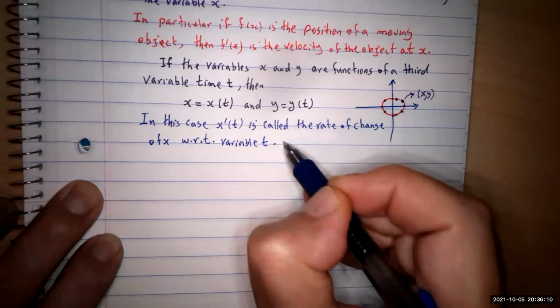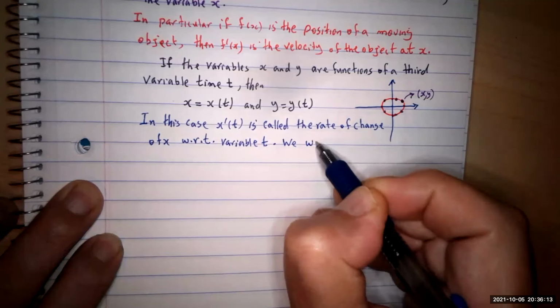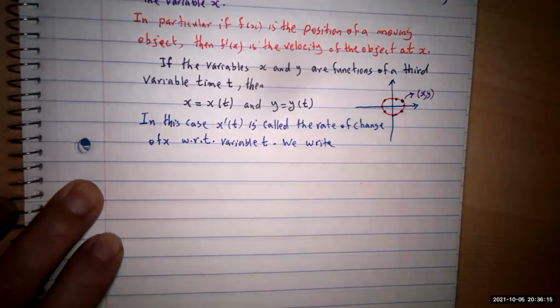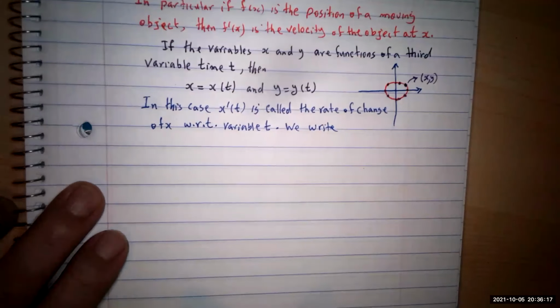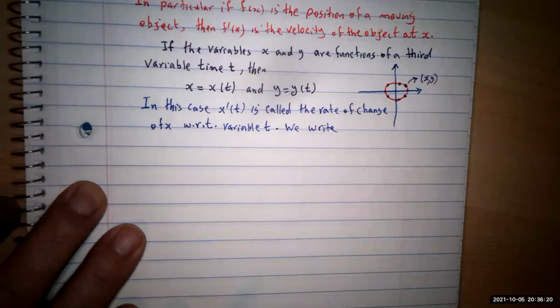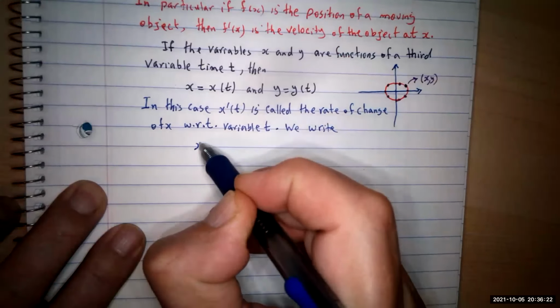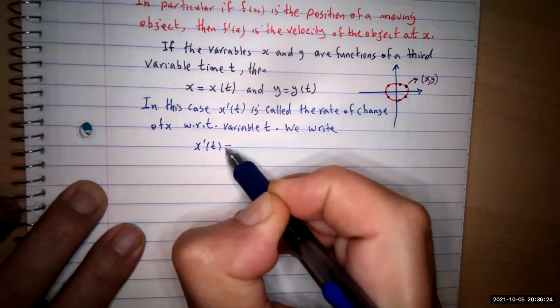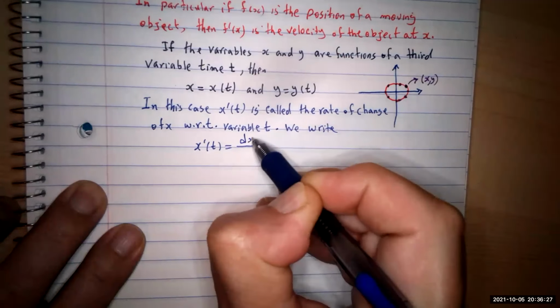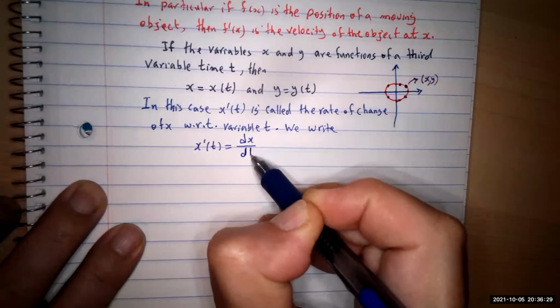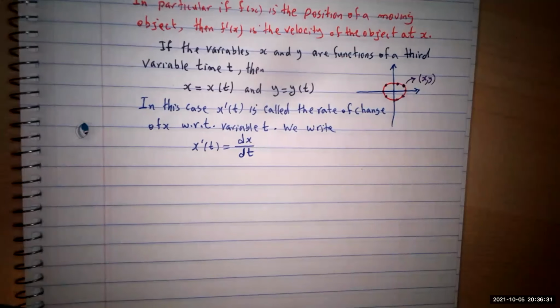We write x prime of t because we want to identify that this is dependent on t. You may call it x prime of t, but we write it as dx dt. We read it as the rate of x with respect to t. It's the derivative, so it's the rate of change.